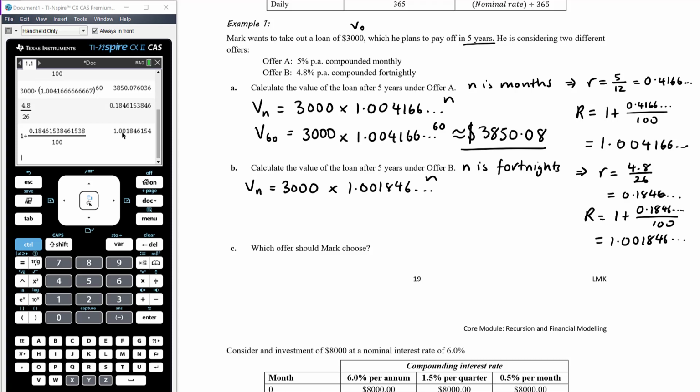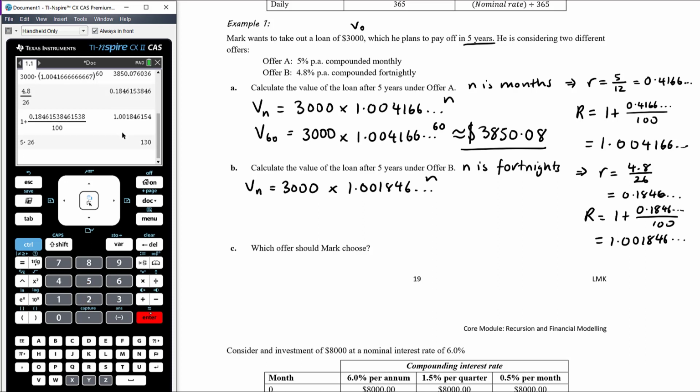So we want to calculate the value of the loan after 5 years, and we're working in fortnights. So 5 times 26 will tell us how many fortnights there are in 5 years, 130. So this is V130. So it's 3,000 multiplied by 1.001846, etc. to the power of 130.